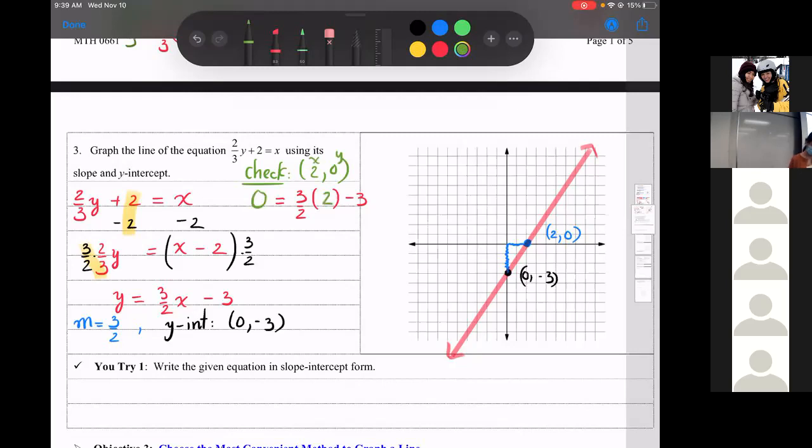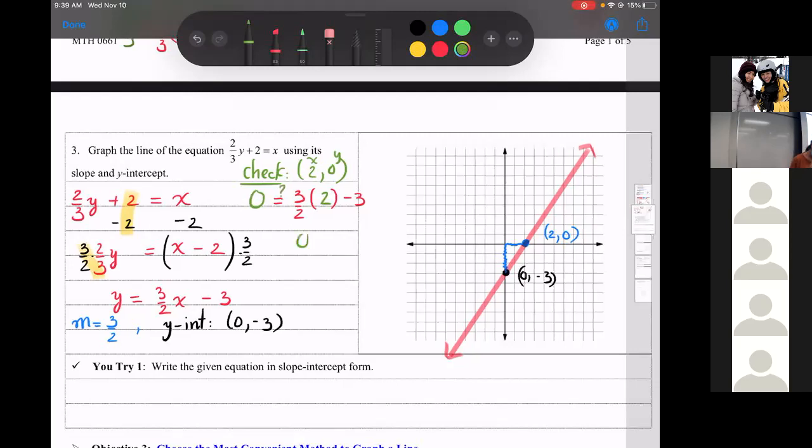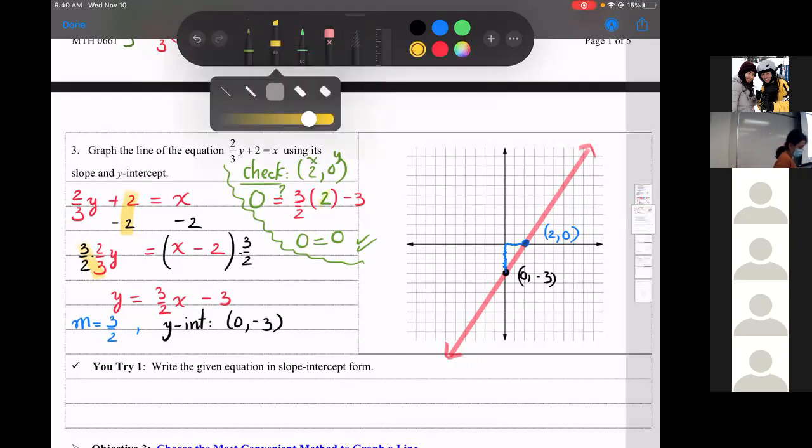So 2 divided by 2 is 1. 3 times 1 is still 3. 3 minus 3 is 0.